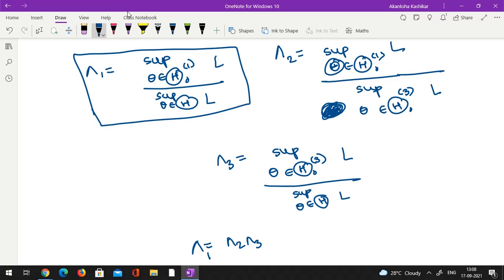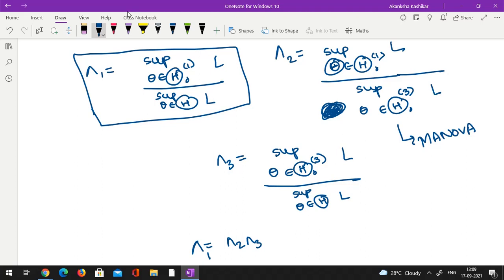But why should I compute two different test statistics? Why not directly compute lambda 1? The interesting point is that these test statistics are not new. This lambda 2 test statistic is actually your MANOVA test statistic, because you are assuming that sigmas are the same and you are checking for equality of means.